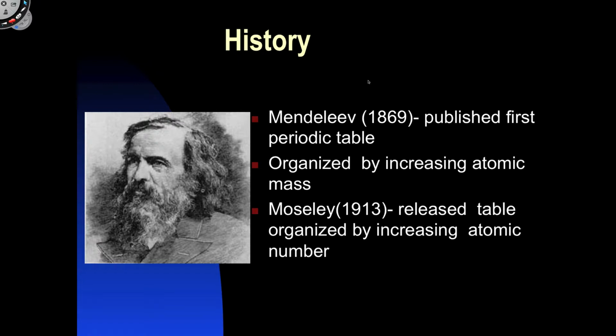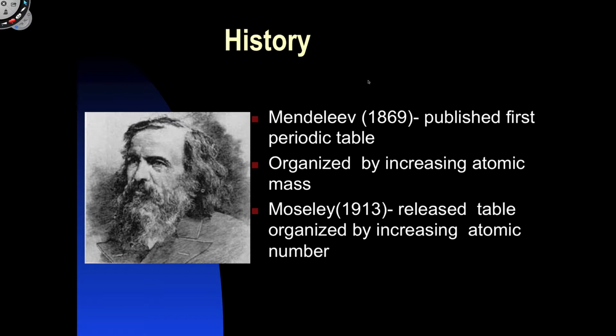Now, Moseley, a few years later, took Mendeleev's table and modified it somewhat. At the time, they didn't know about atomic number, and there were a few things wrong with Mendeleev's table that he couldn't explain. They only knew about atomic masses.